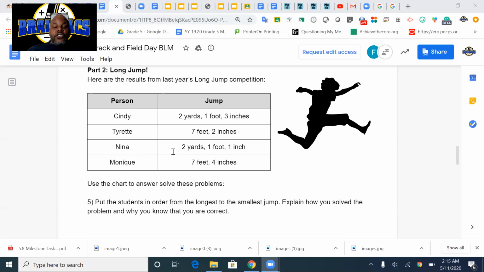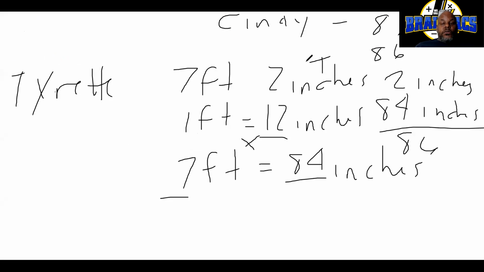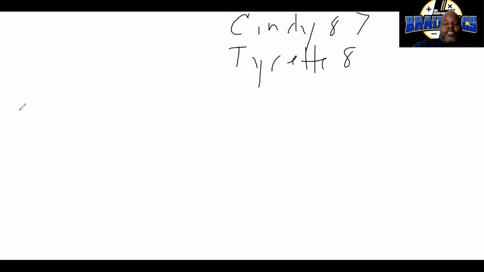Nina is 2 yards, 1 foot, 1 inch. All right, so let's see who we have so far. We have Cindy, 87, Tyrette, 86.